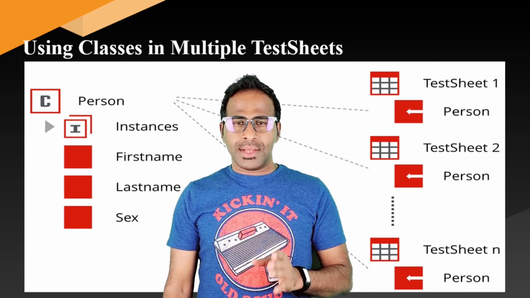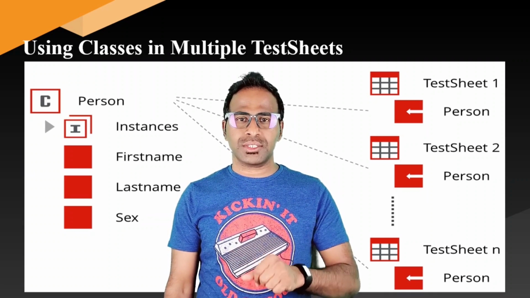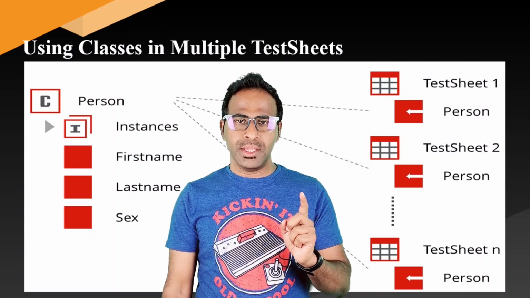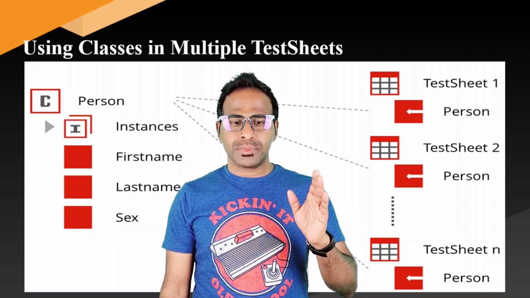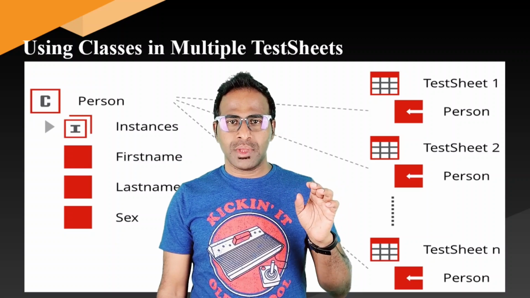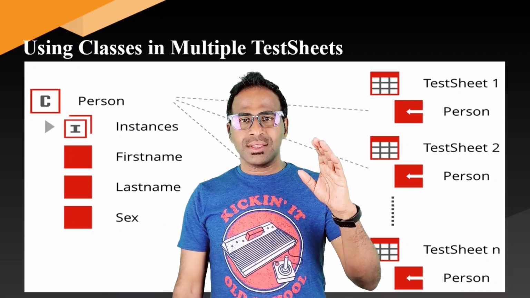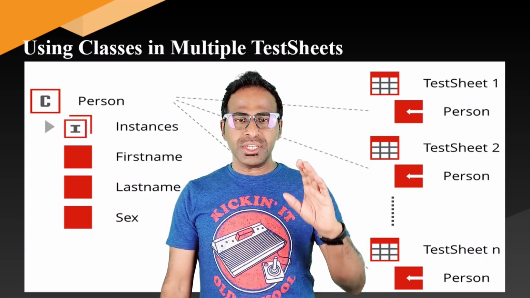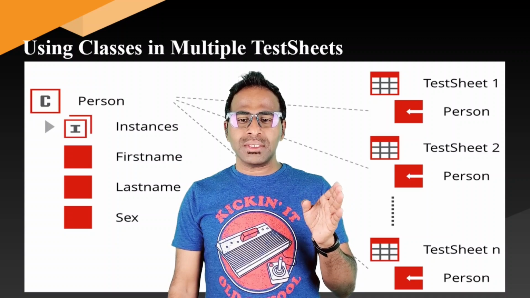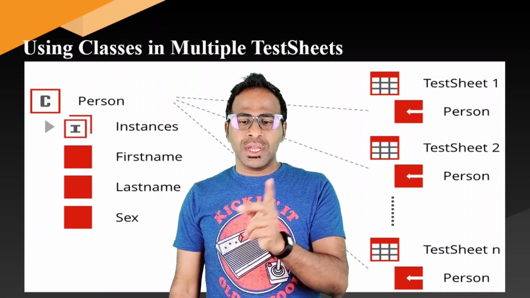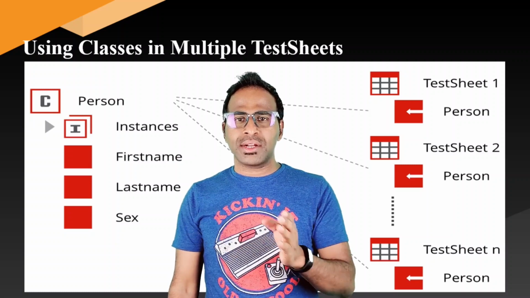So as I told you, how can we use classes in multiple test sheets? If you see on the screen, in the left portion, Person is a class. I created a class called Person which has the entire attribute structure. Now I can use this class in multiple test sheets: test sheet 1, test sheet 2, test sheet 3 and test sheet n.